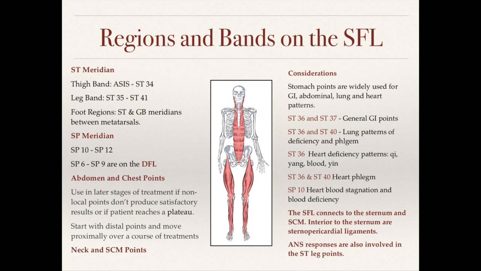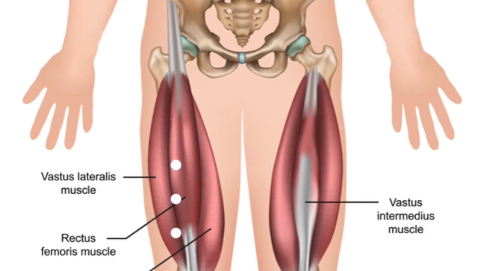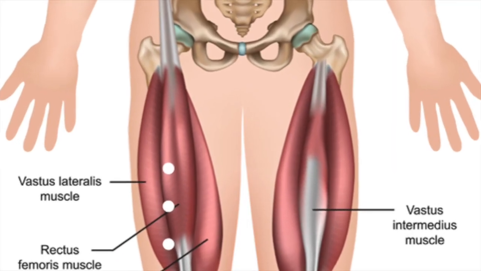Certainly there's some overlap with the way that we use the points being on the stomach meridian, but there are also some distinct differences. Typically in TCM, we don't often needle stomach points that are on the thigh. But in the Master Tung system, there's a group of 3 points on the stomach meridian that are on the thigh that are used for respiratory conditions.